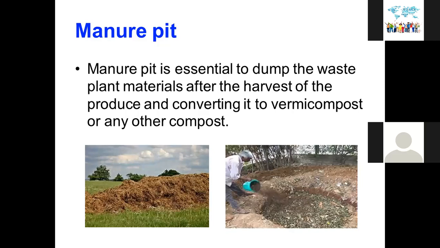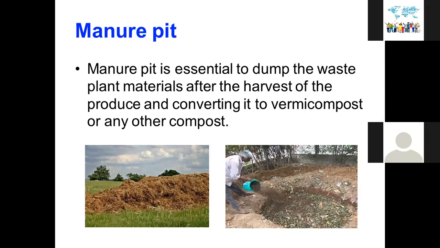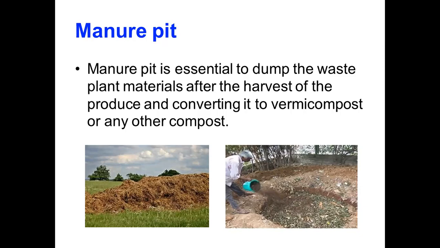Probably you may have been pruning some vegetable leaves, stems or branches that may not be necessary. And where do you throw them? It is important that this waste material, you throw it in the pit.